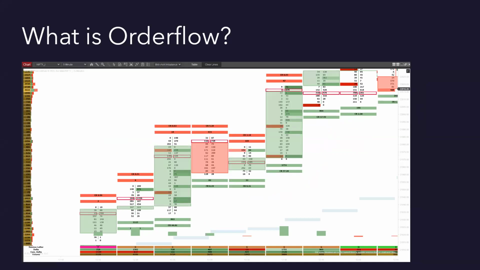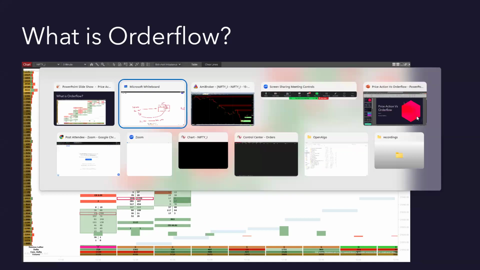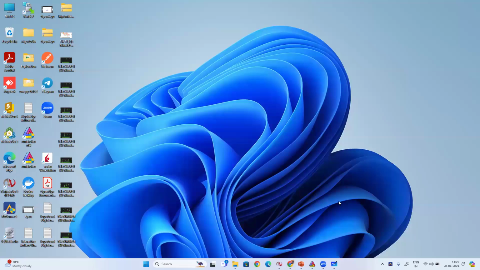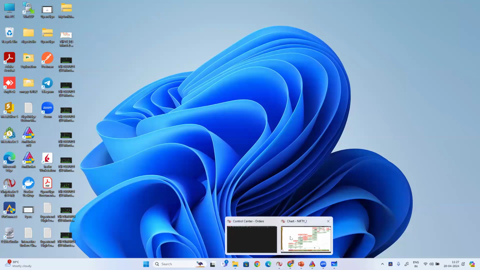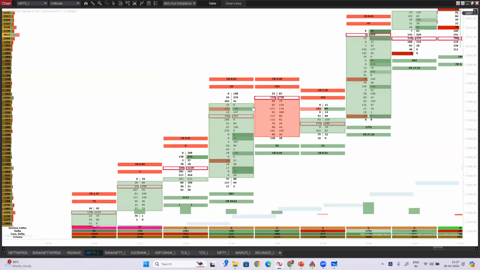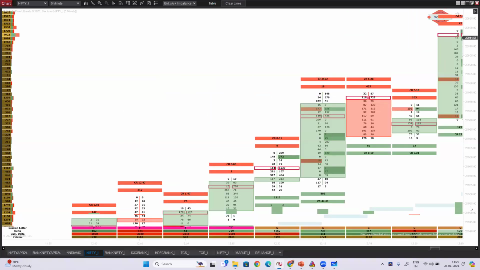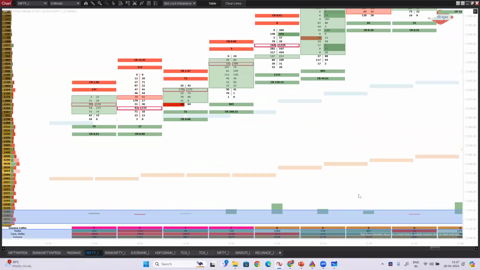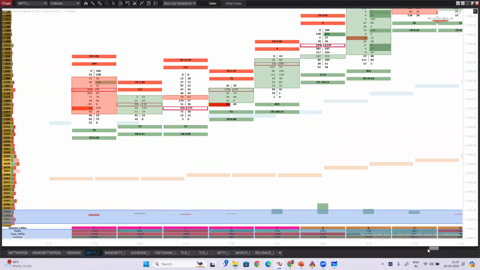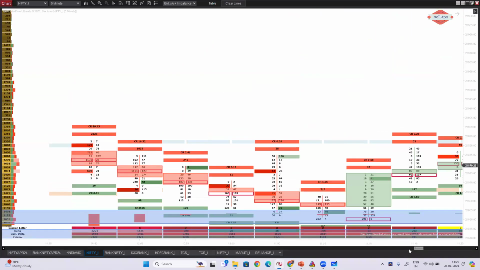So what does order flow show? Let me show you the order flow here. I would like to talk about a very interesting context which happened last Friday. Just like we have supply and demand zones, here also we can have zones. One of the zones I mostly watch is the volume cluster zones.